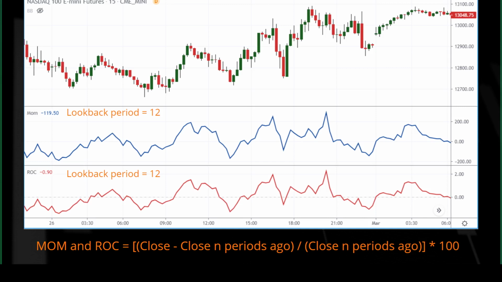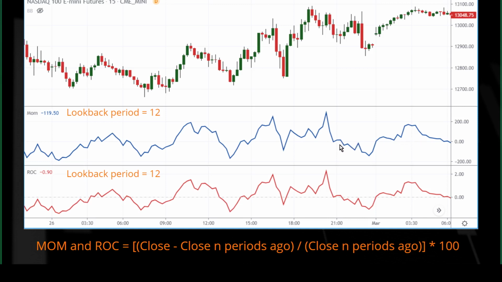Okay, here I have both momentum and ROC in the same picture, so that you can understand they are pretty much the same. I really don't understand why most charting packages have both of them, because they are just the same indicator. And you can see that they oscillate around the 0 line.